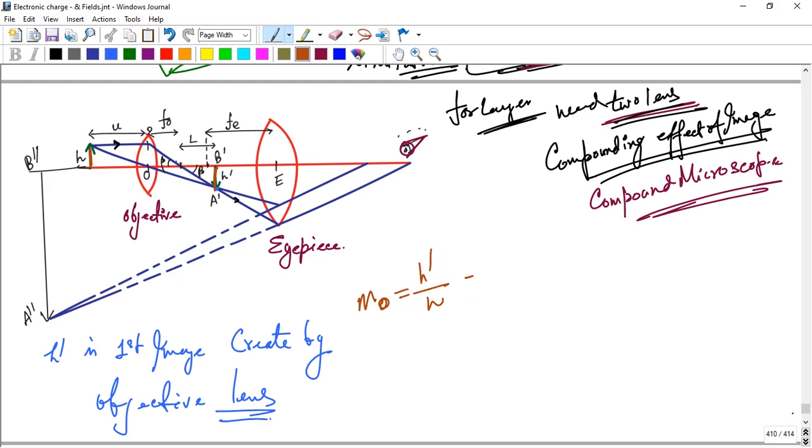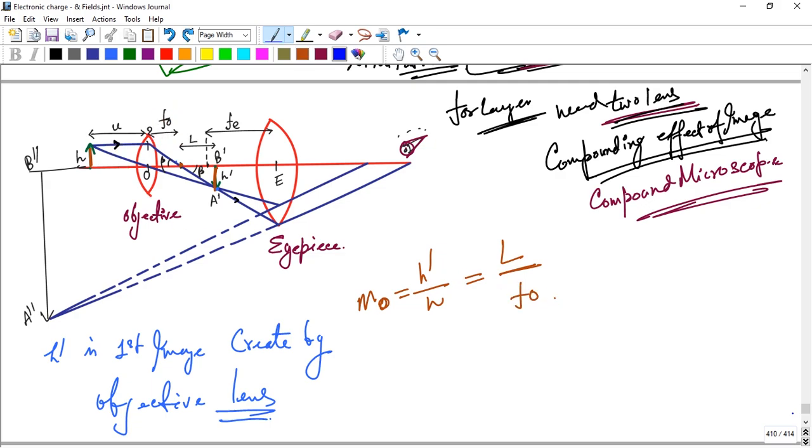That is almost equal to L, the length from the secondary focus of the objective to the first focus of the eyepiece, divided by F naught, the focal length of the objective: L by F naught.